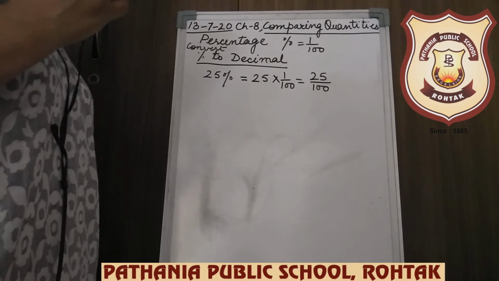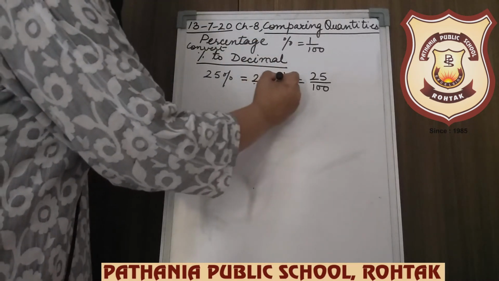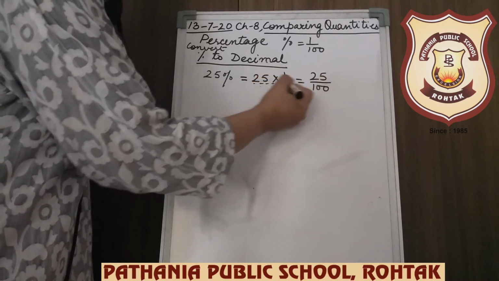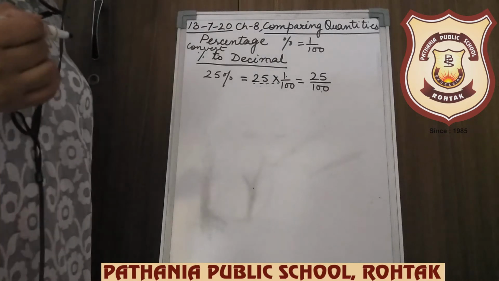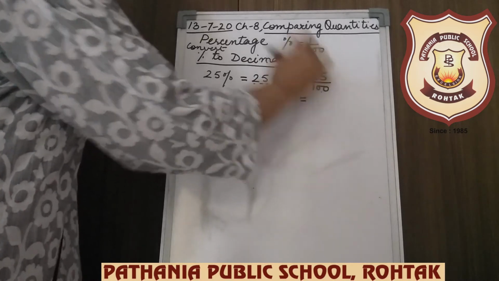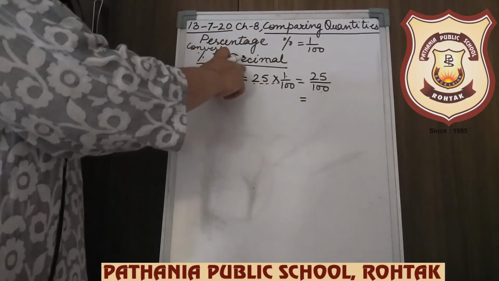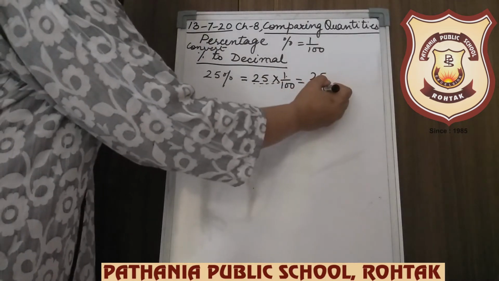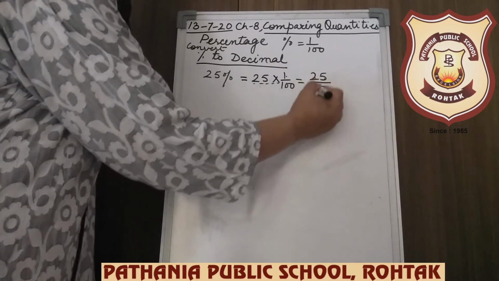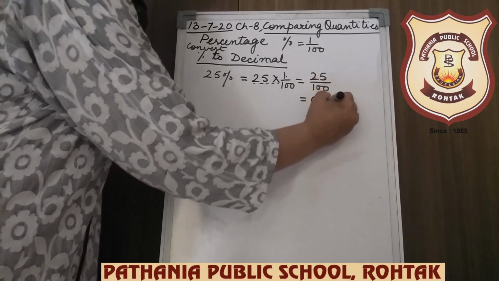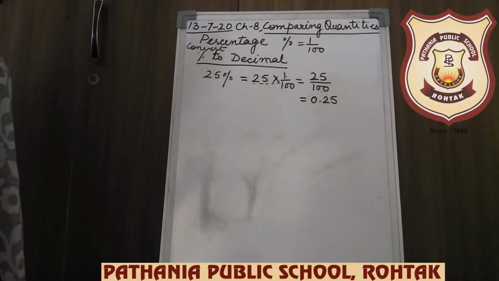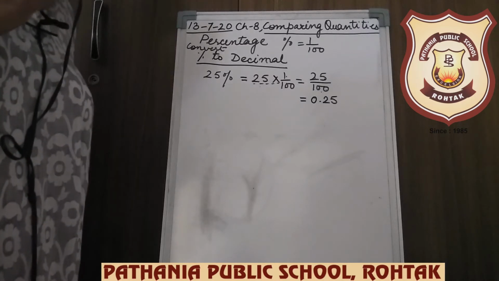That is, in the denominator you have 100 because numerator will multiply with numerator, and as there is no denominator here, so denominator will come as 100. Now, you don't have to reduce it as you need to convert it into decimal. So, what will you do? For this 0, 5, for this 0 it is 2, and for 1 I will put the decimal. So, 0.25 is the conversion of 25% into decimal.